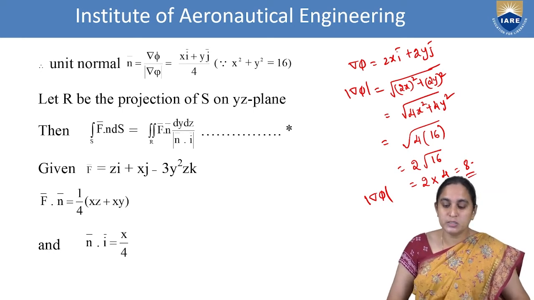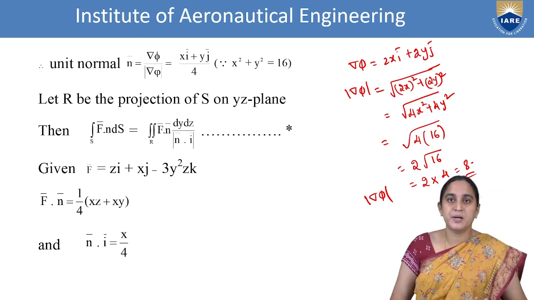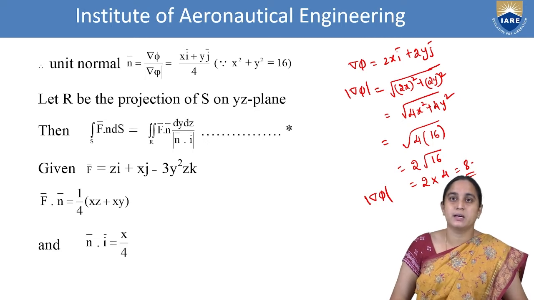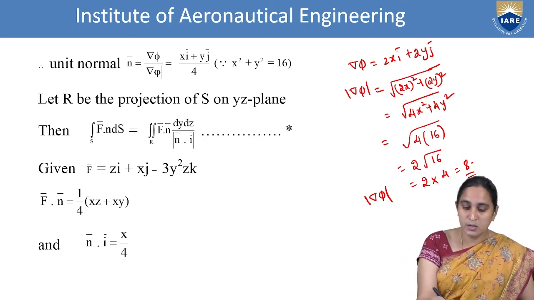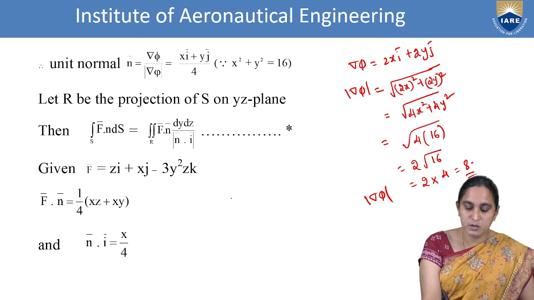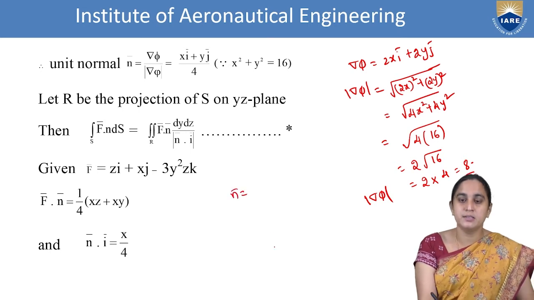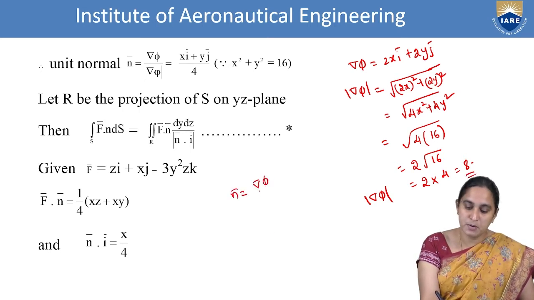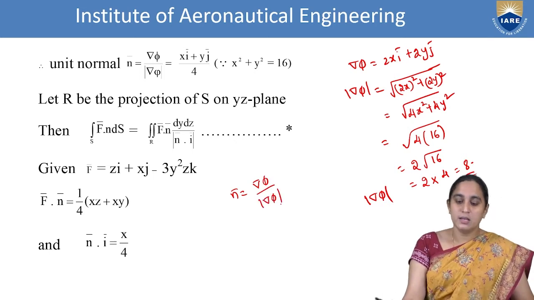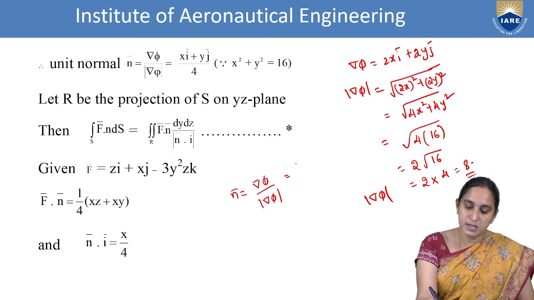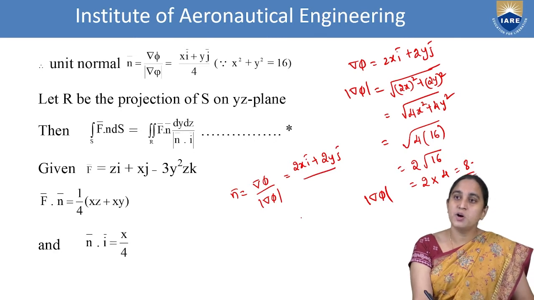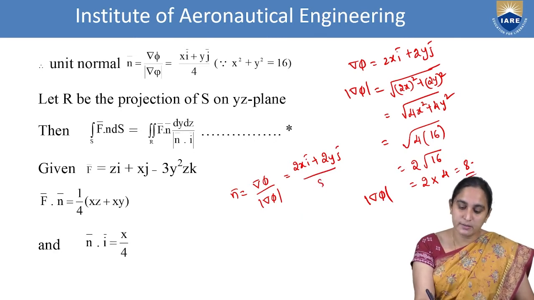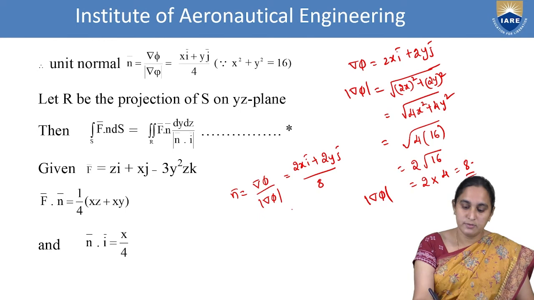Now I'll substitute del pi and modulus of del pi in the unit normal vector. N bar is equal to del pi by modulus of del pi. That is 2x i bar plus 2y j bar by 8.